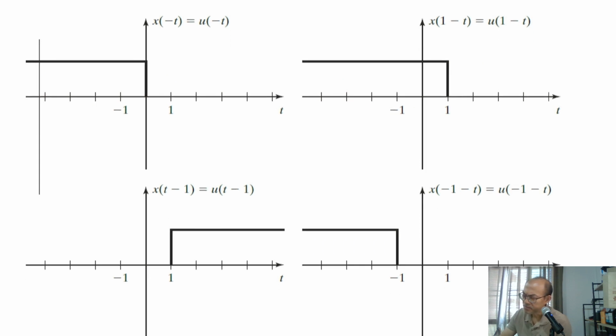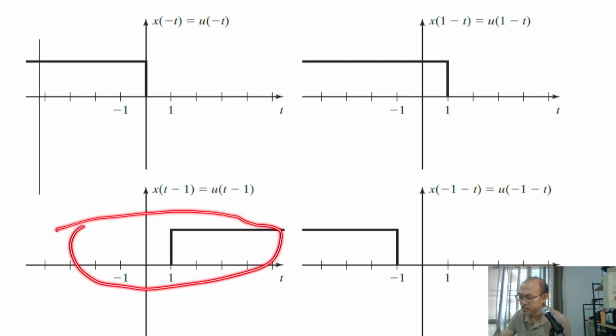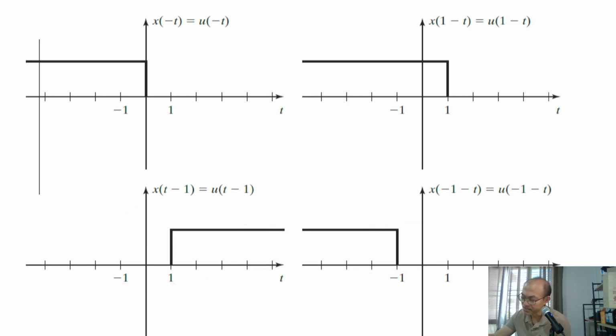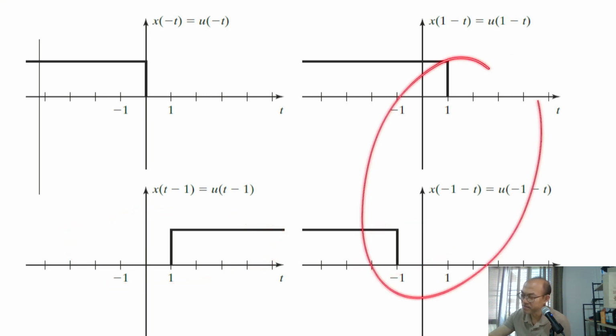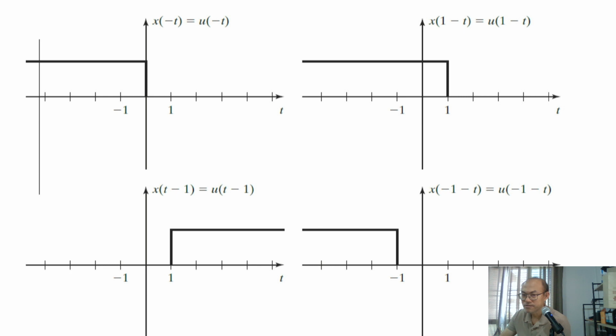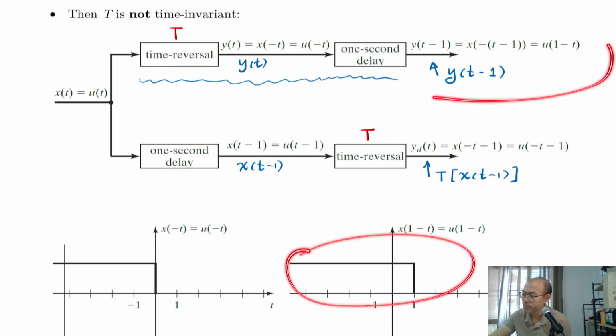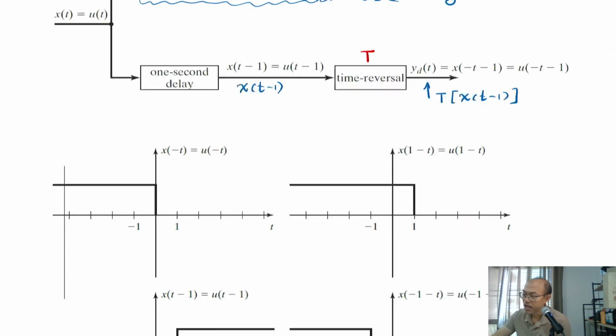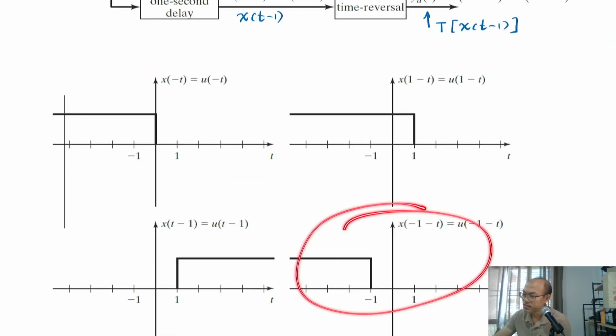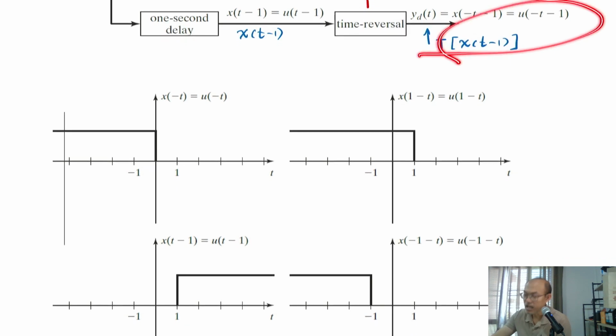As opposed to that, we put the delayed input into the system, and this is what comes out. Now for the system to be time invariant, these two have to be the same, but they're not. This is the signal from the first path, and the other one here is this one, and they're not the same, so the system is not time invariant.